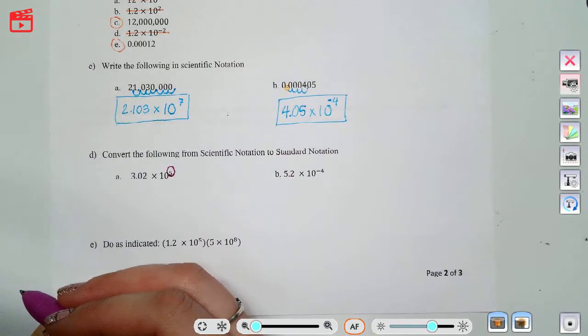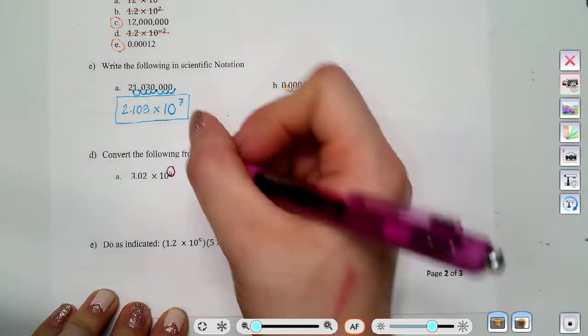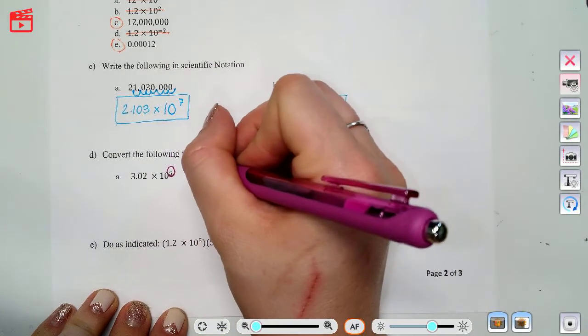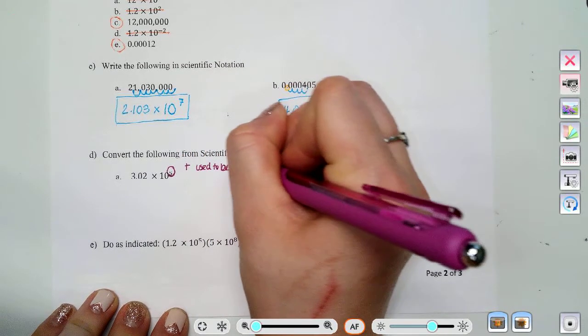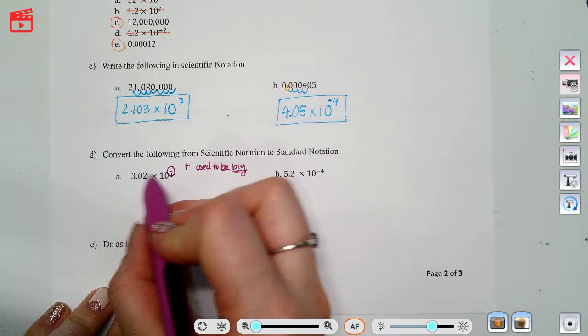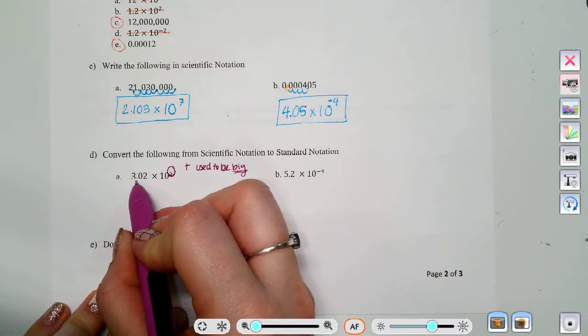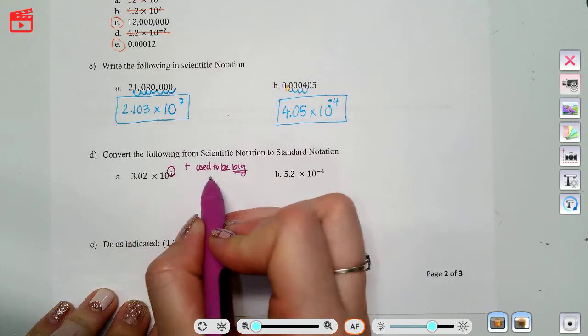That's a 5. Is it a positive 5 or a negative? Well, it's a positive, which means it used to be big. Remember, positive experience in your bank account, big number. So to make this number bigger, I need to be moving the decimal to the right.